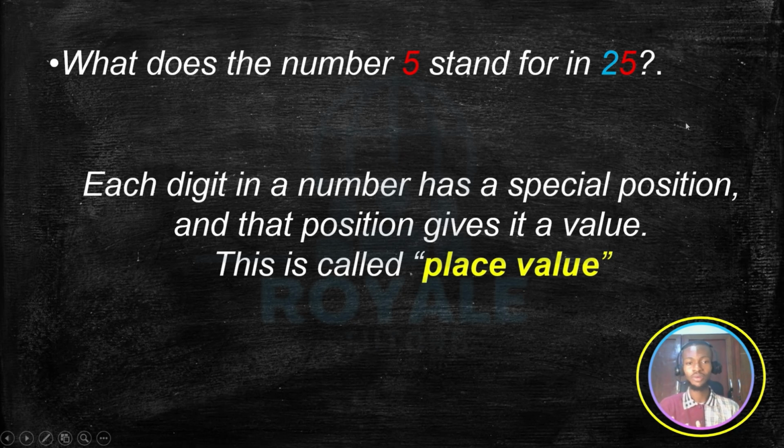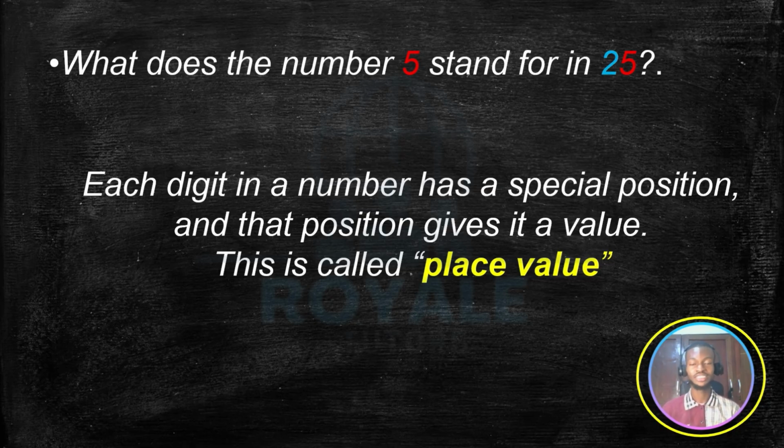Each digit in a number has a special position, and that position gives it its value. The position that a digit finds itself in a number is what gives it a value, and that value is what we call place value. Each digit has its own face value.